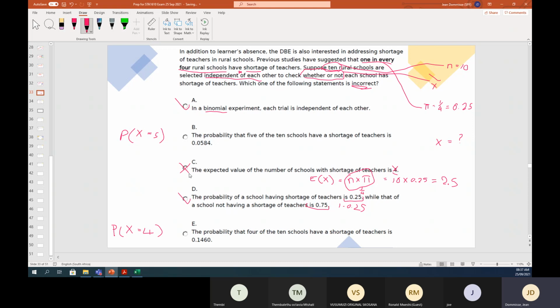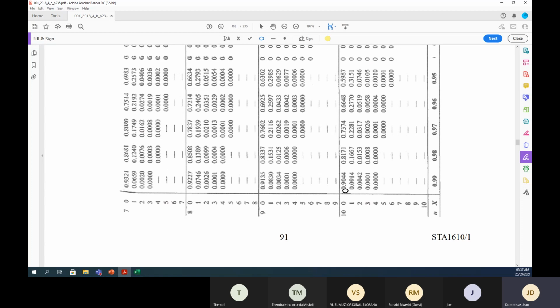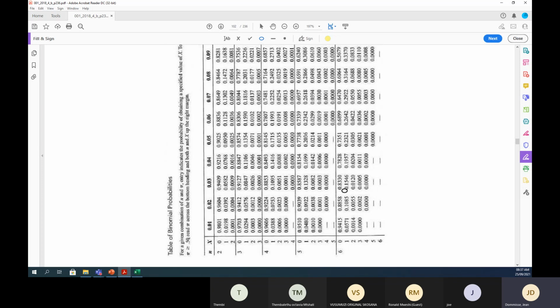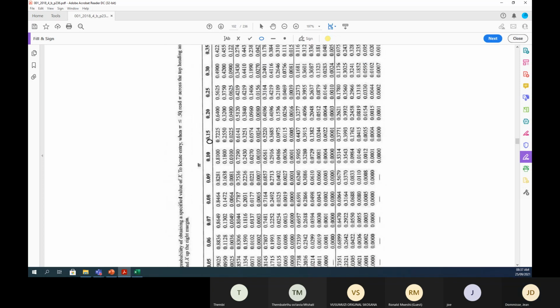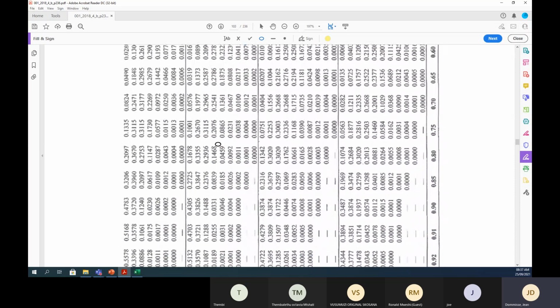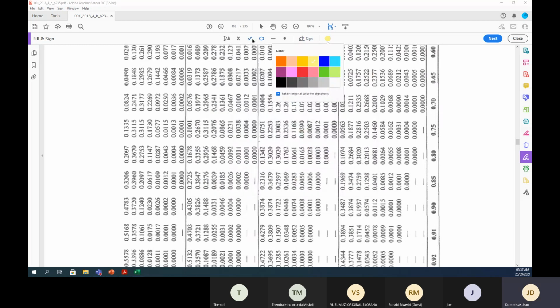But let's for this go to the table. So we go to where n is 10. Okay, so there n is 10. What I hate is that this one was split, so we just need to make sure. I want to see if I can get back to... I don't want a free trial.